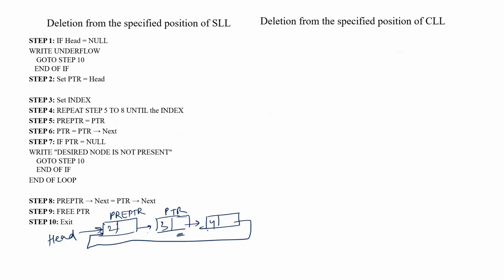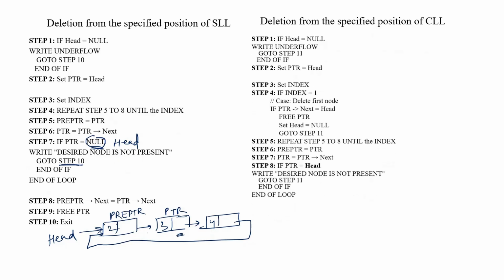So there are no changes except one change, that this list is now circular. ptr will become head if the desired node is not present, and if ptr becomes head, then we can go to step number 10, that is exit. So only one change will be there in this linked list, that is ptr is equal to head. The rest of the steps are the same in the circular linked list.